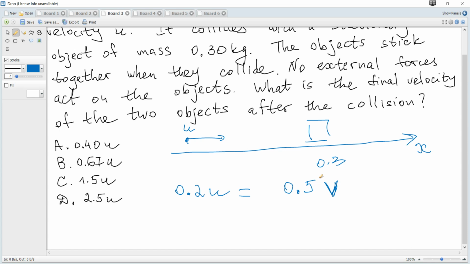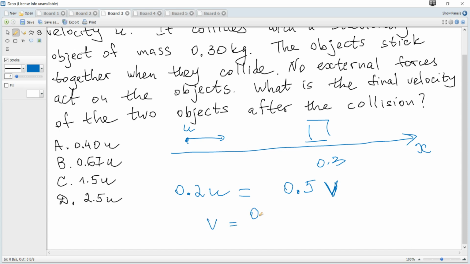In general, if you get this v to be positive, it means that the object will be moving to the right, and if you get negative, it means that the objects will be moving to the left. Here it's quite a simple situation. Definitely they cannot move to the left, so here it's quite easy.